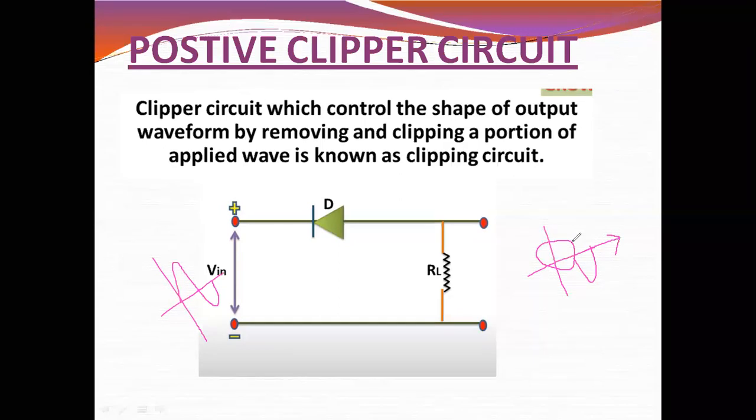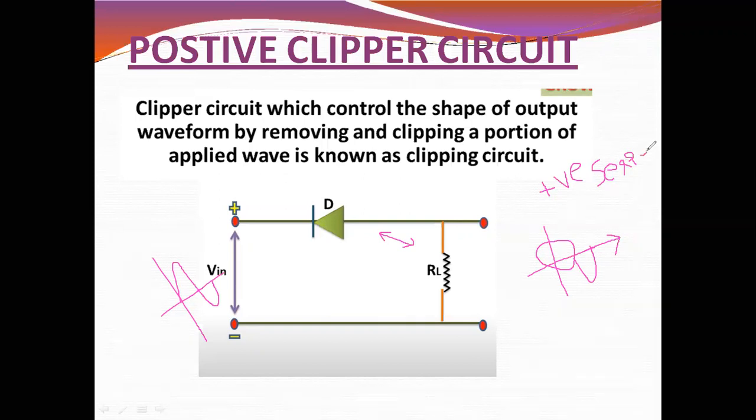The portion of the waveform I am removing at the output decides the naming convention. Here the positive half of the wave I am removing. So simply it is positive clipper, and it is connected to the load resistance in series. So it is called positive series clipper. That was the naming convention.